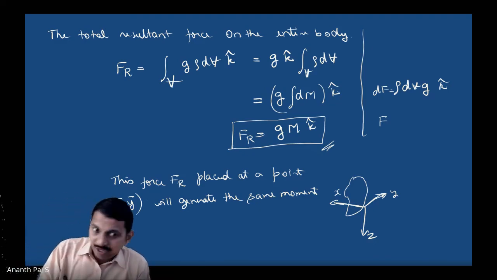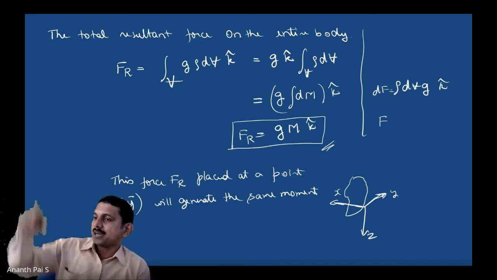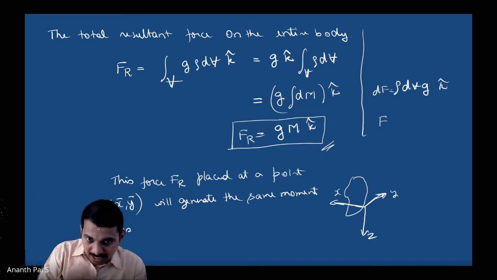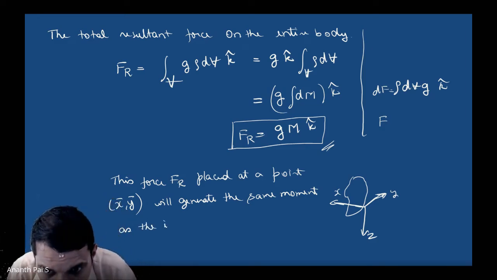This force Fr placed at a point x bar, y bar will generate the same moment as the individual elemental forces. Z bar is there, but Z bar can go anywhere because we are working with respect to x and y.